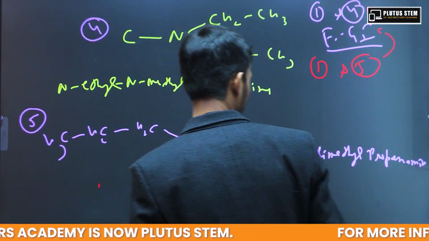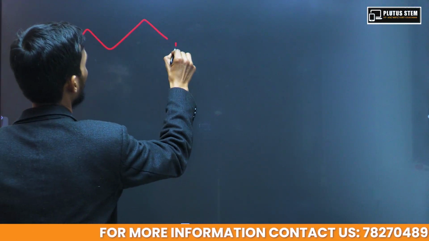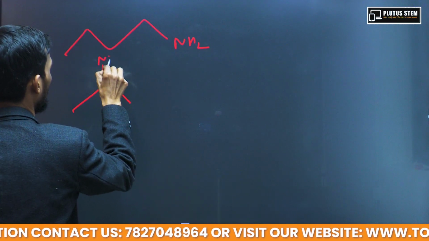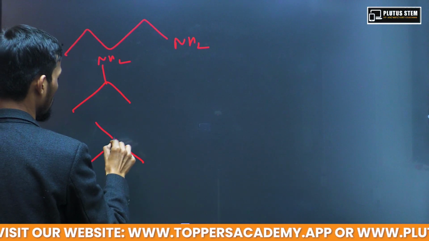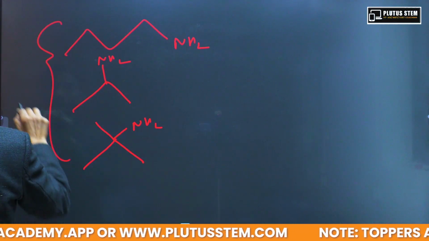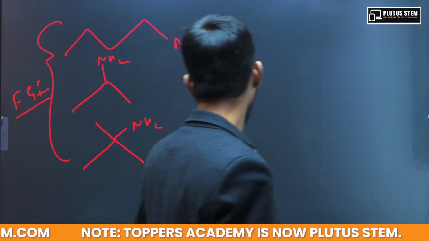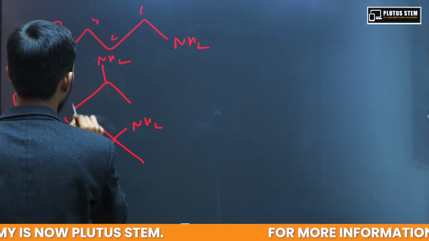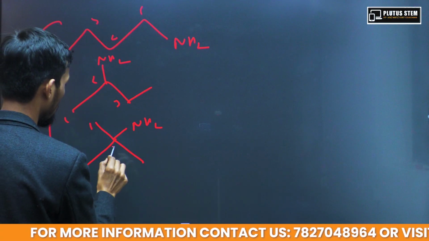If we have a chain like this with NH2, NH2, NH2, these are not functional group isomers. This needs to be clear.